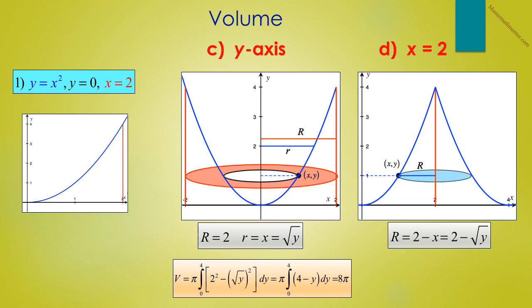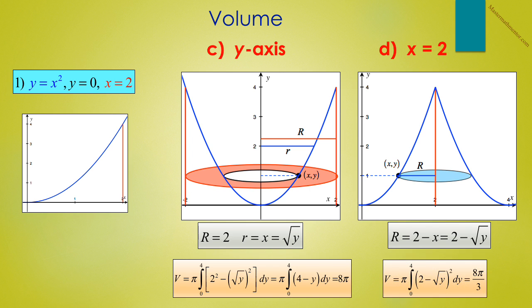If we label our point (x, y), we realize that our distance from the y-axis to the red line is 2, and therefore, the distance from the y-axis to the point is x. So capital R has to be equal to 2 minus x. But again, this is a dy problem, so capital R is equal to 2 minus the square root of y.